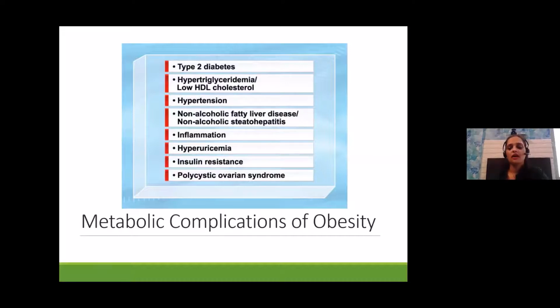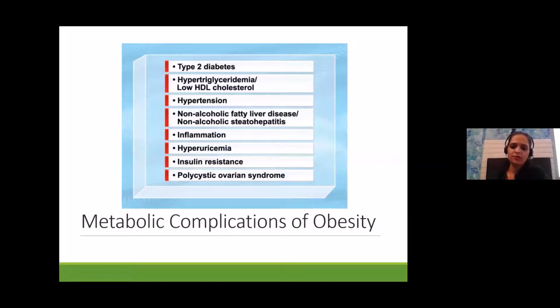men being obese. Non-alcoholic fatty liver disease and non-alcoholic steatohepatitis are also outcomes of obesity, with higher fat depositions in the liver. Inflammation: obesity by itself is known as pro-inflammatory, and there are inflammatory markers that would be released.